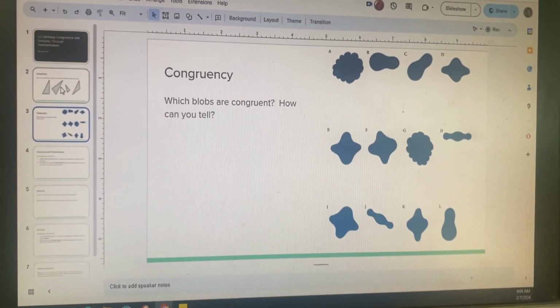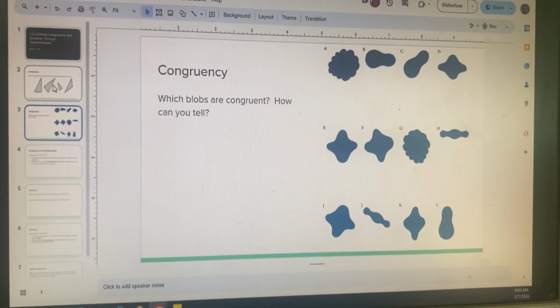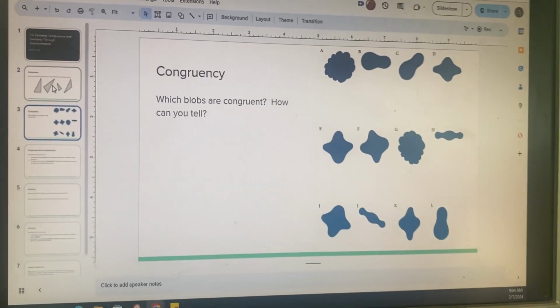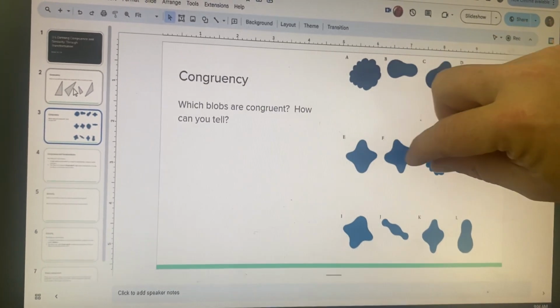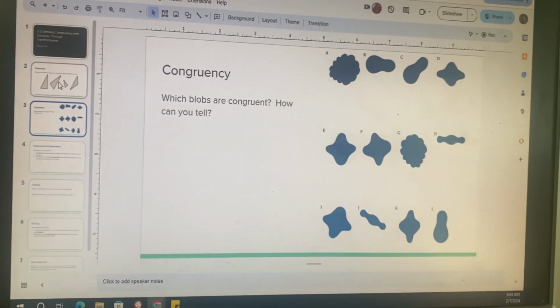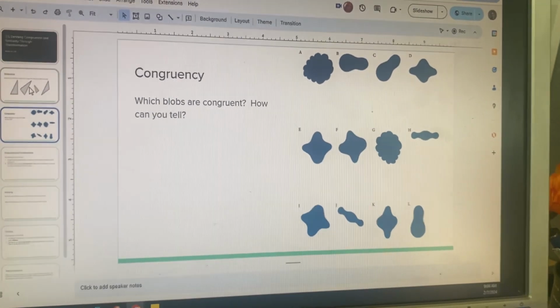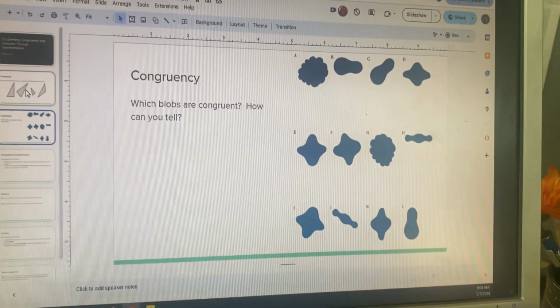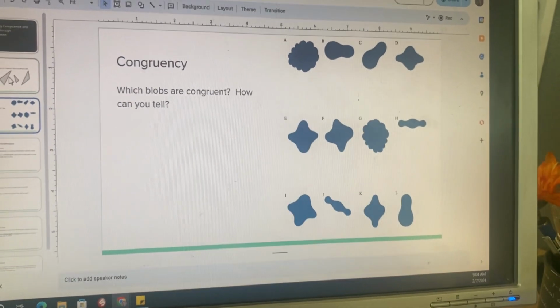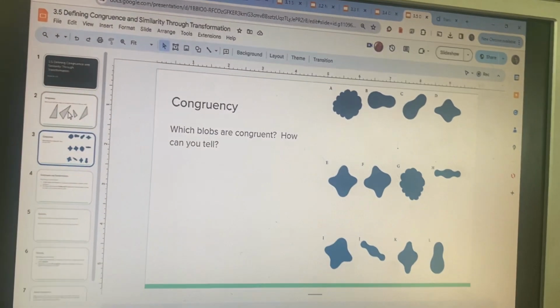So the way you can tell these blobs are congruent is not just, well, I looked at it and it looked congruent. It's the fact that if we take F and rotate it just so and move it over here, we can map F onto E and say yes, these two are congruent, because if we match them up, all of their measurements are exactly the same.